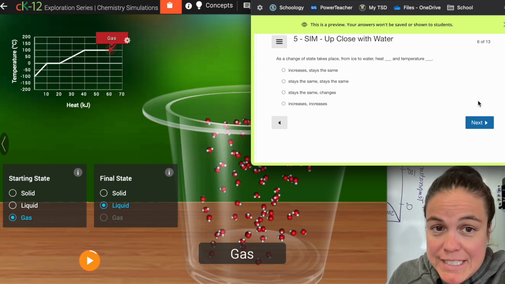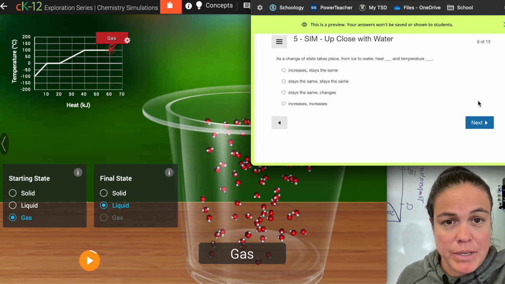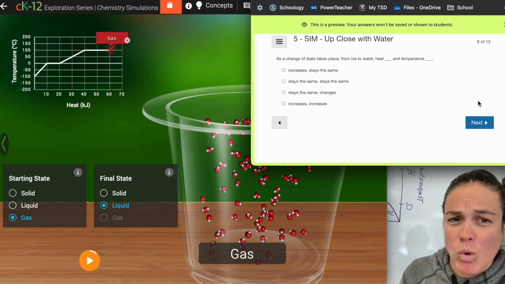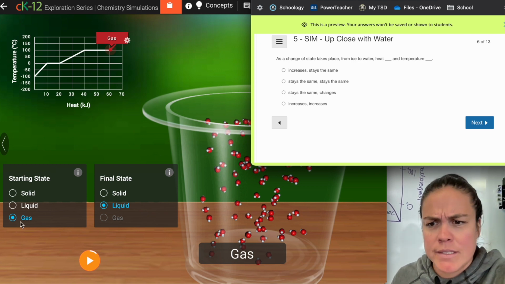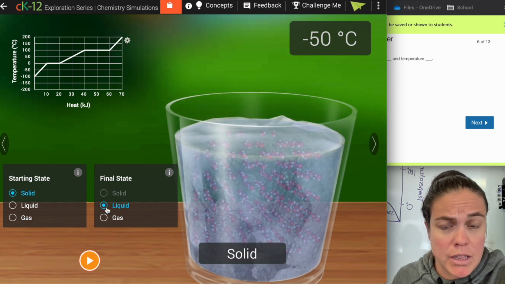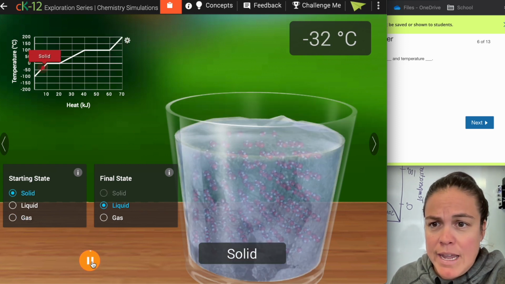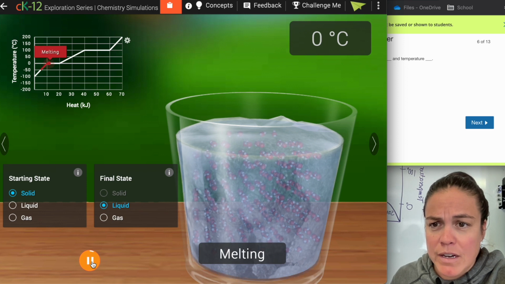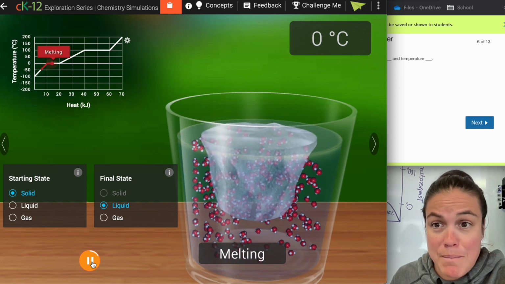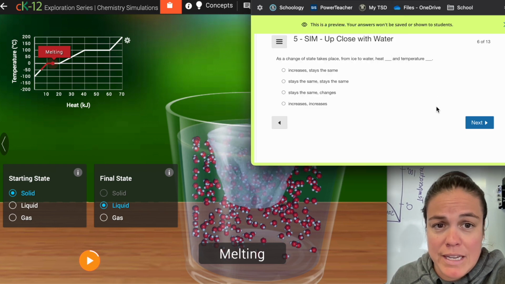As a change of state takes place, for example, from ice to water, heat does what and temperature does what? So we've got a solid moving to a liquid. All right. As we move here, there's the change of state right there. We call that melting.